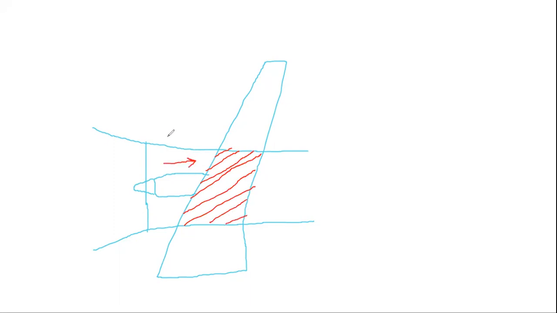When it creates thrust, it increases the speed of air. So in this part of the wing, we have a bigger speed of air than in the surrounding air. So for example, this is the speed V1 and this is speed V2, and this speed is sufficiently more than V2.